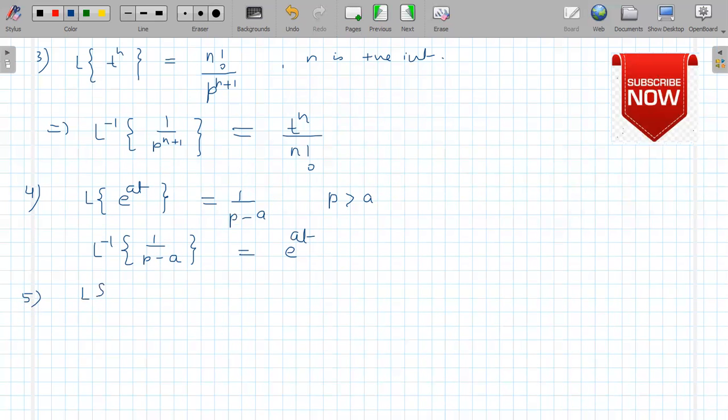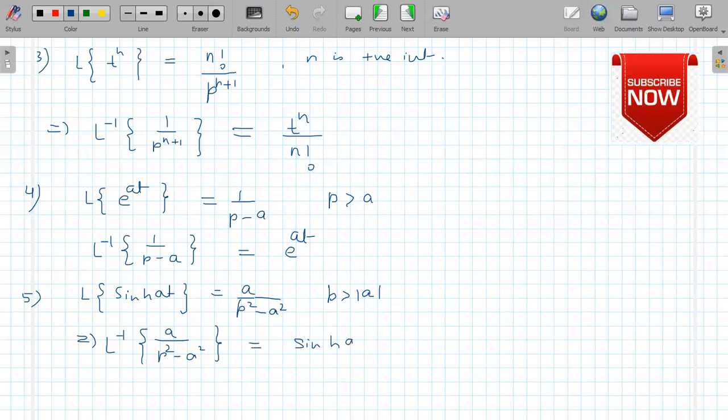Similarly, Laplace transform of sinh(at) is a upon p squared minus a squared, where p is greater than mod a. This implies Laplace inverse of a upon p squared minus a squared will be equal to sinh(at).